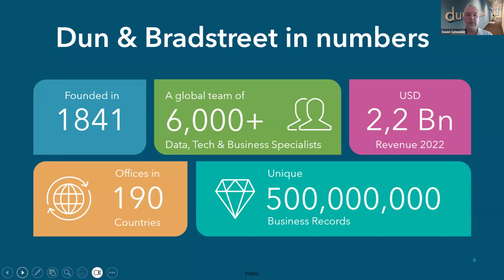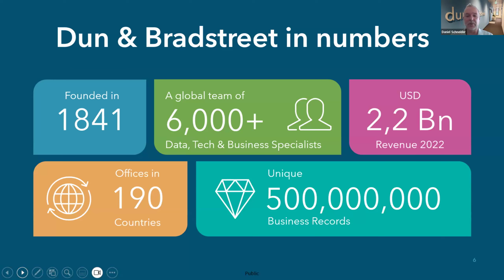About DNB, you see here some numbers. We are already 183 years in the market. We have more than 6,000 employees globally. An important number is also our offices. You see that we are located in 190 countries. This is important for us to be close to the customer, but also to be close to the data, to really make sure that we have the correct local data.